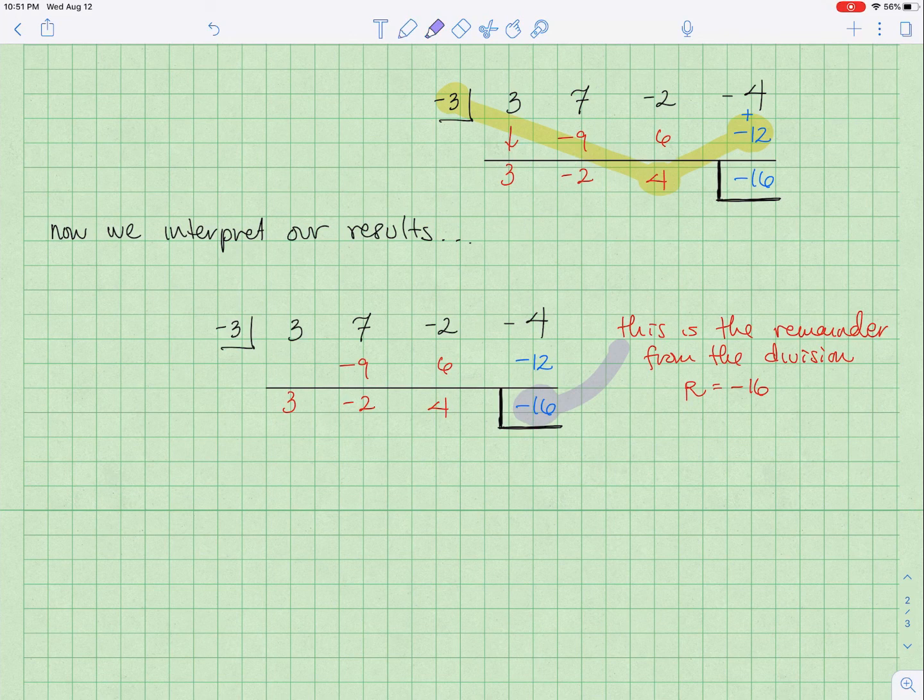And these next values are the values of our coefficients. So these are the coefficient and constant values of the quotient from the division. What do I mean by that?